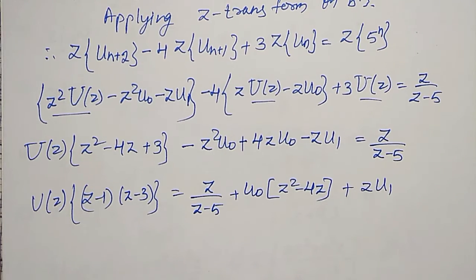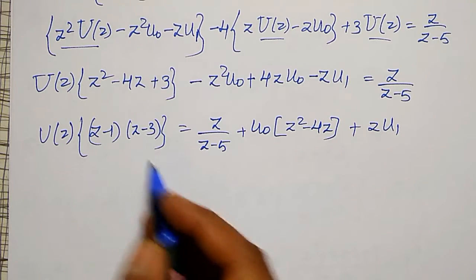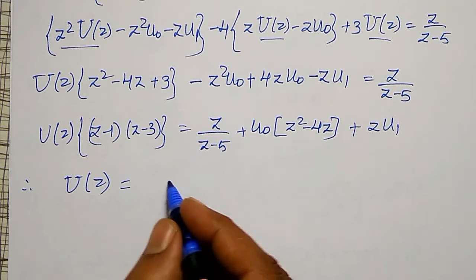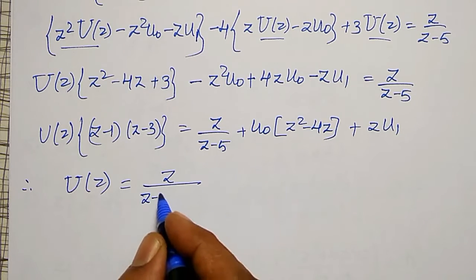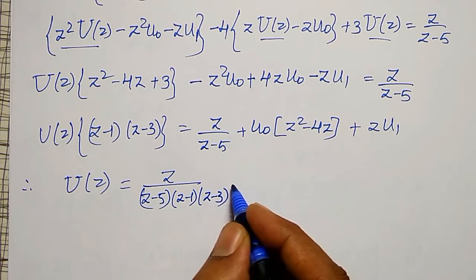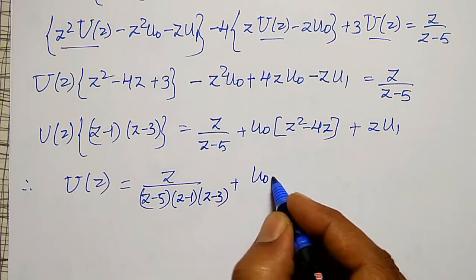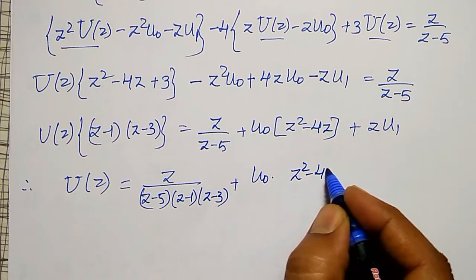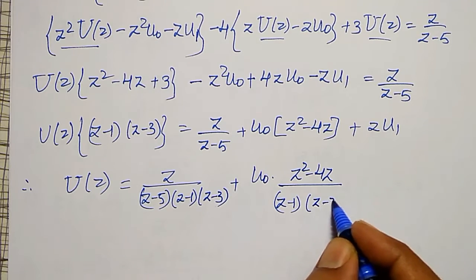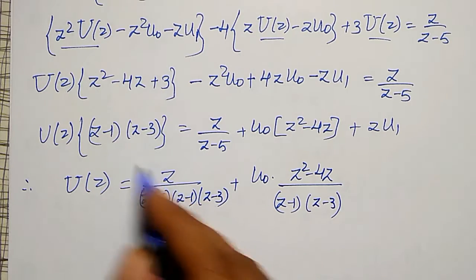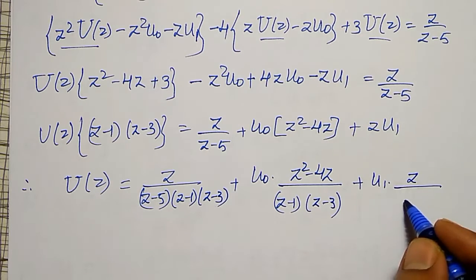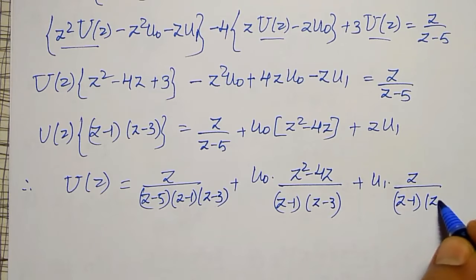Now U(z) equals, I can write these two shifted to the other side. Therefore, capital U(z) is equal to z divided by (z minus 5)(z minus 1)(z minus 3), plus u0 into (z squared minus 4z) divided by (z minus 1)(z minus 3), plus u1 into z divided by (z minus 1)(z minus 3).